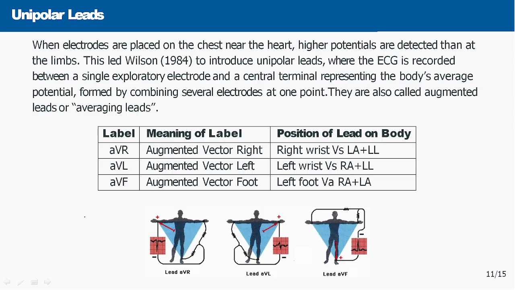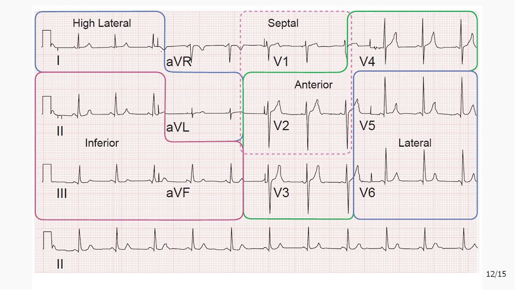And along with this, we have the precordial leads as well as the limb leads. Here you mark, we have the waveforms for three different leads, lead 1, lead 2 and lead 3.